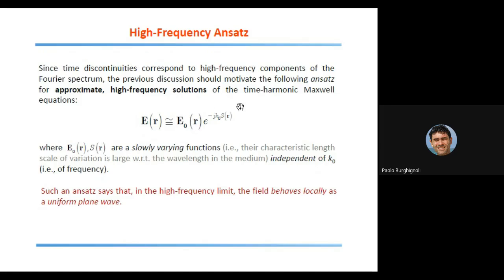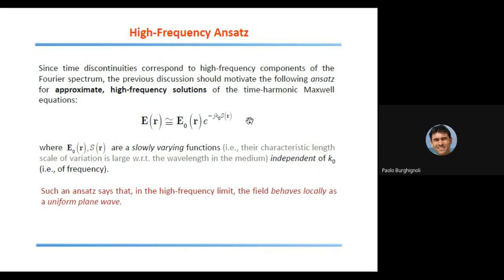This generalizes the uniform plane wave because first, the E0 vector is not constant, but it's a function of position, and also the phase, so the argument of the exponential term, is not linear in the position vector, but may be generally nonlinear and expressed by a general Iconal function.